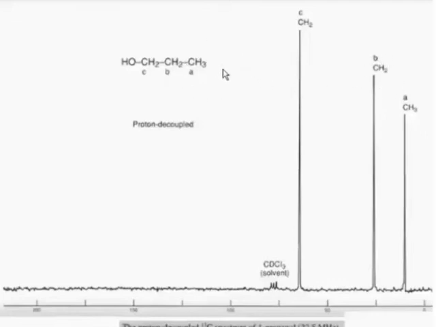The electron density of the electron cloud about it would be greatest, and it would therefore have the least deshielding, the most shielding of all the carbons, and would have a signal that is the furthest to the right, the least deshielded signal. So this signal here, labeled A, is due to the methyl group.